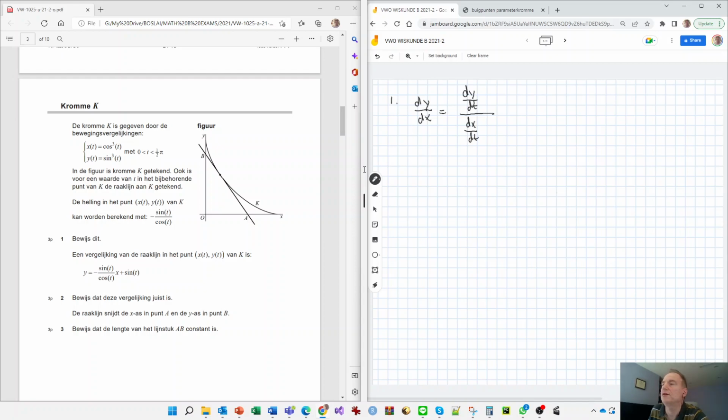And now we just have to calculate the derivatives of each. For the derivative of the sine cubed, we just use the chain rule. You see that all over again, so you have to know that. What you get is 3 times the cosine squared of t, and then times the derivative of the cosine, which is actually a negative sign.